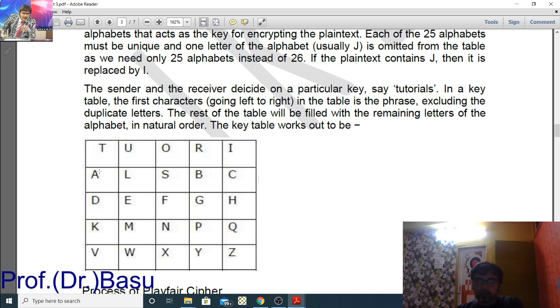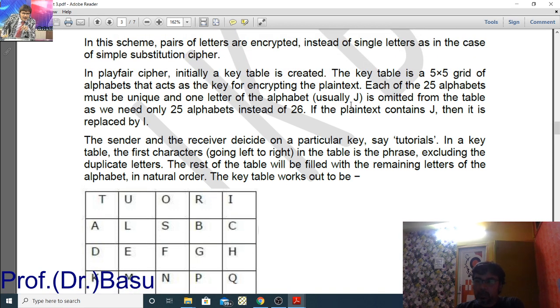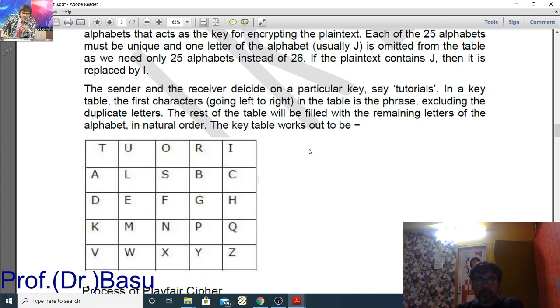See, after A we are getting B, so B has not occurred, then C has not occurred, D has not occurred earlier, then E, F, G, H, I has occurred, so we will skip I, J, we are skipping here J. I told you that one letter will be missed, otherwise this 5 by 5 grid will not be possible to generate. So we are avoiding J.